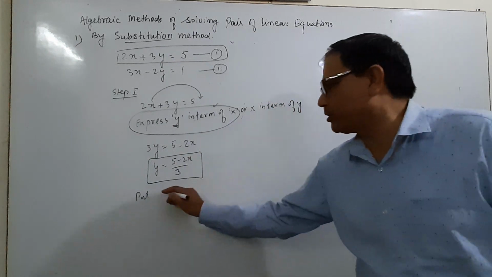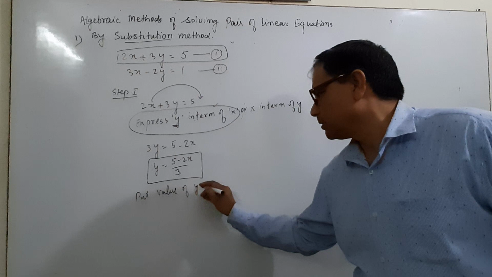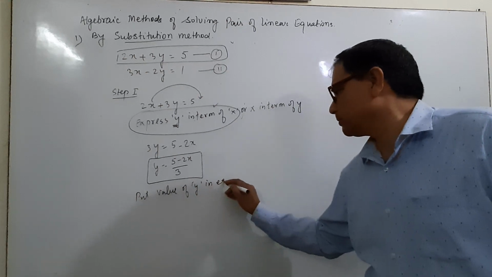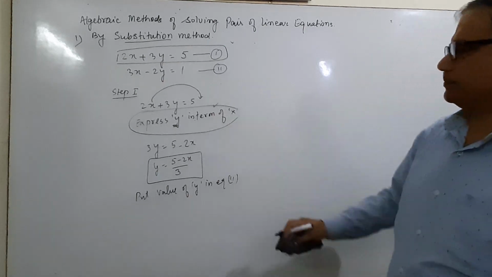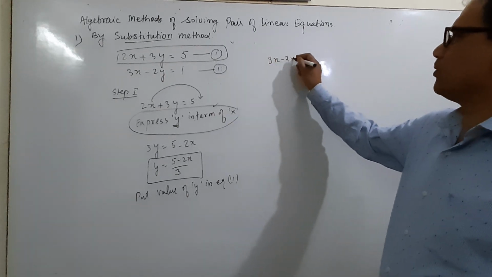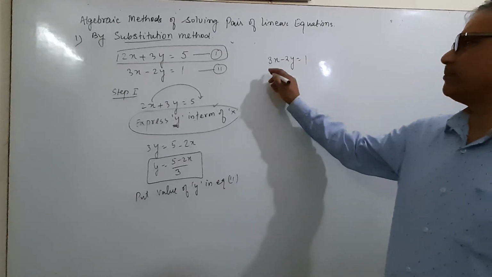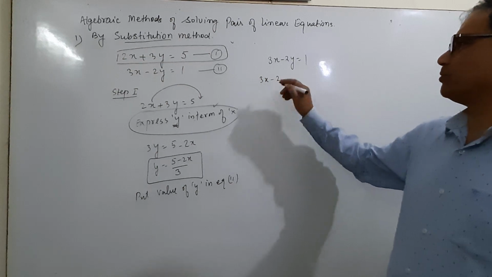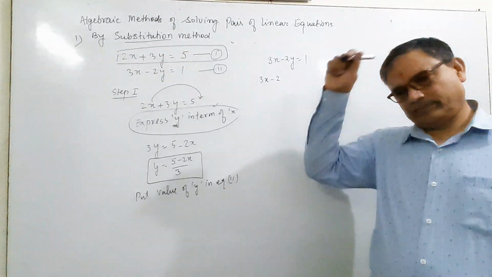So we will put the value of y in equation second, not in first. And what is equation second? 3x minus 2y is equal to 1. This will be the same, 3x minus 2 times, what is y?